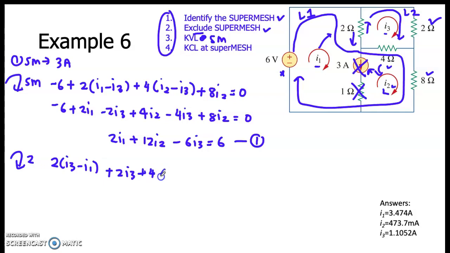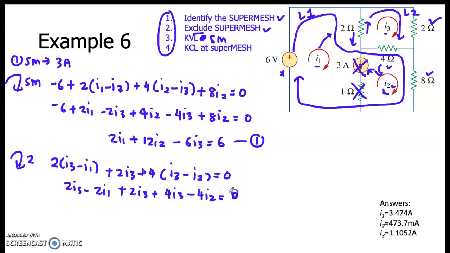Plus 4, where 4 is the current flowing between I3 and I2, right? Because you are in loop number 3 here. So it becomes I3 minus I2 equal to 0. So just take it out together. You become plus 2 I3 plus 4 I3 minus 4 I2 is equal to 0.